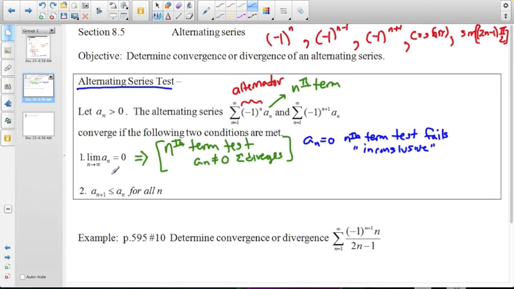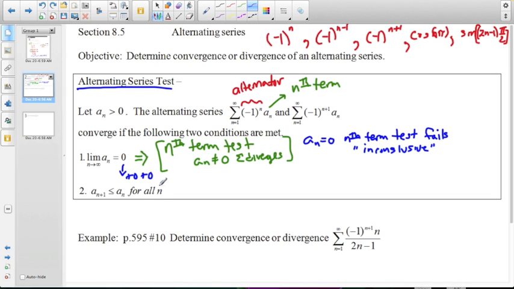So if we think about what the limit of a sub n equaling 0 means, as we write our terms on and on and on, eventually we end up adding 0, adding 0, adding 0.